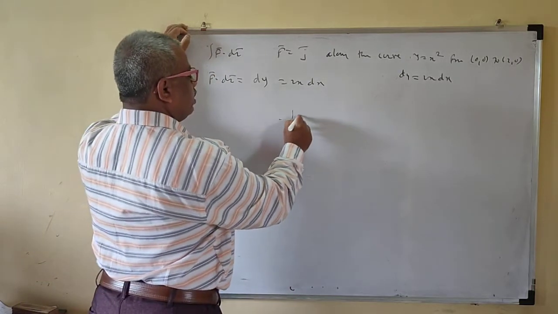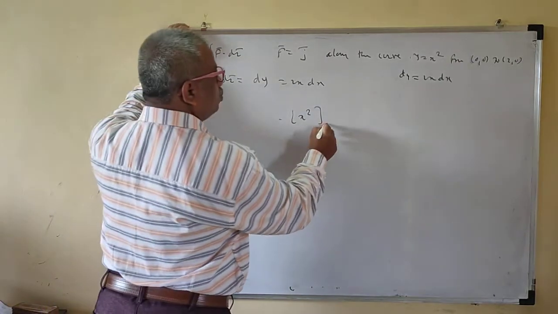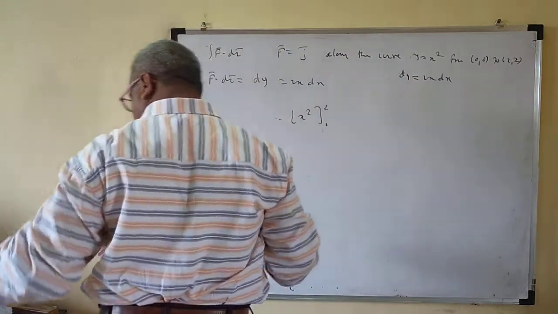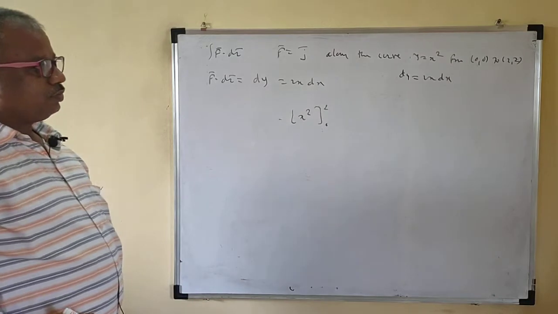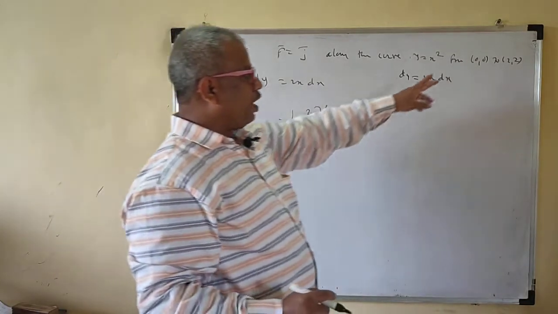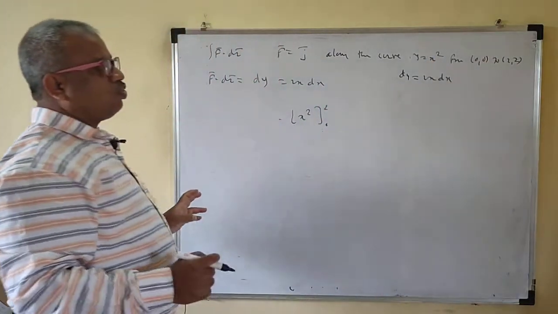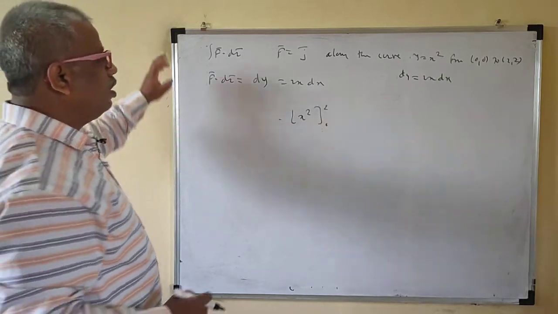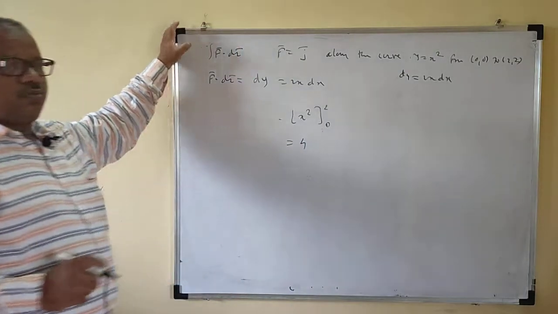Integration is x square, and range is 0 to 2, okay, (0, 0) to (2, 2). Because (0, 2) does not satisfy the equation. This point should satisfy the equation of the curve also. If you take (0, 2), it will not satisfy the equation of the parabola. So this is 4. Your required answer is 4.